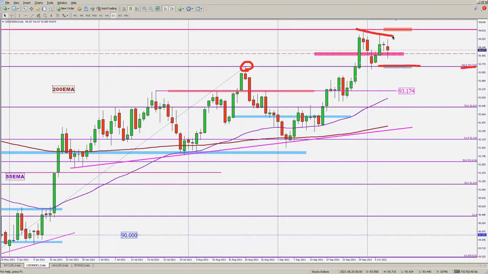Attempted to test the high of the previous week, but didn't manage to get there, and slipped on the Friday due to the non-farm payroll data, but still managed to find support at the 94.00 area.